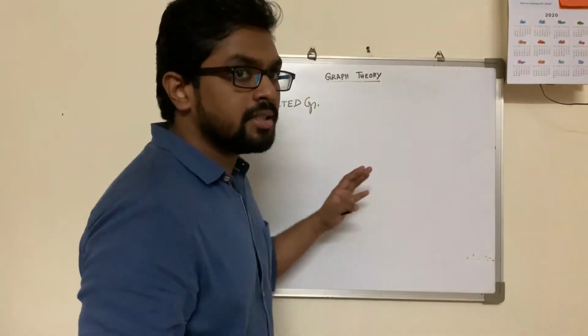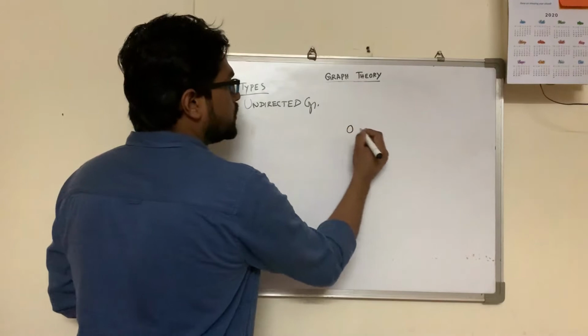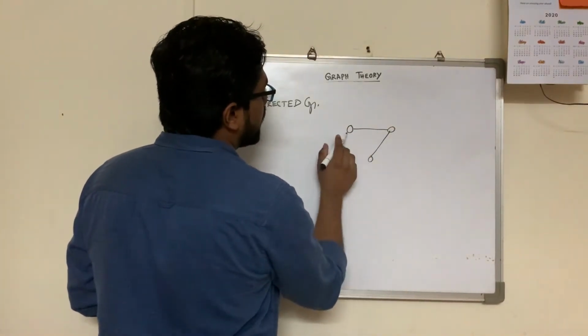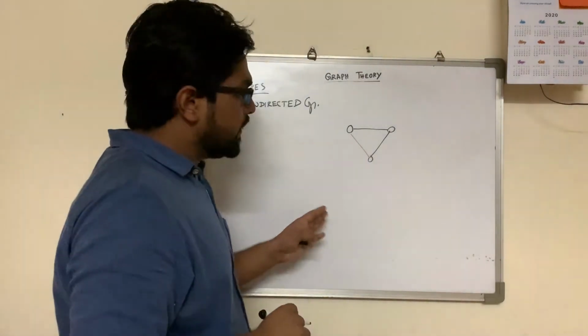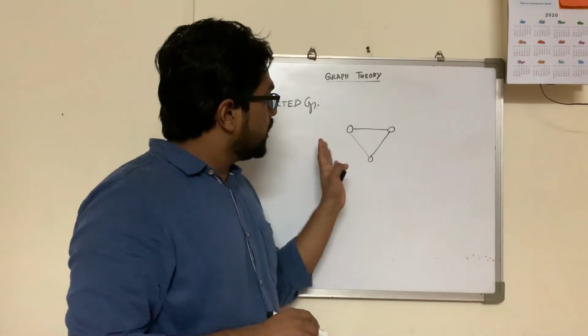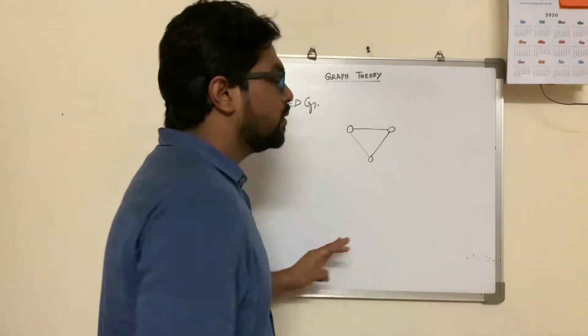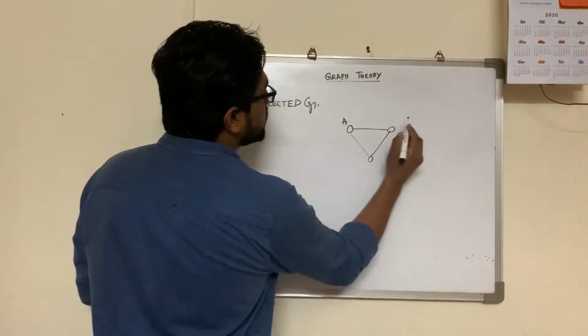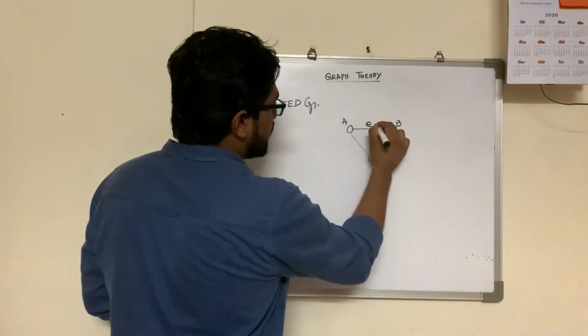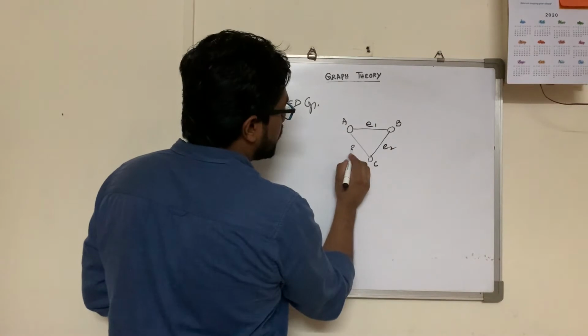Let's see an example first. Suppose there are three vertices and they are connected like this. Look at the edges. Do they have any direction? No. Suppose these are the vertices A, B, C, and these are the edges E1, E2, E3.